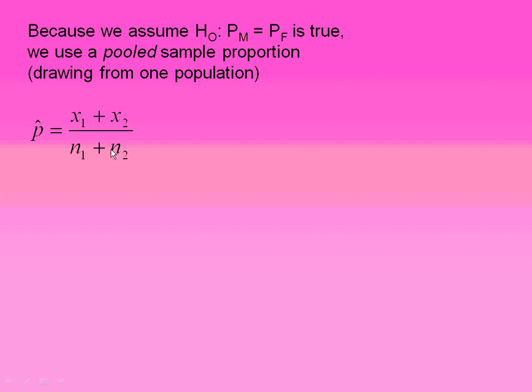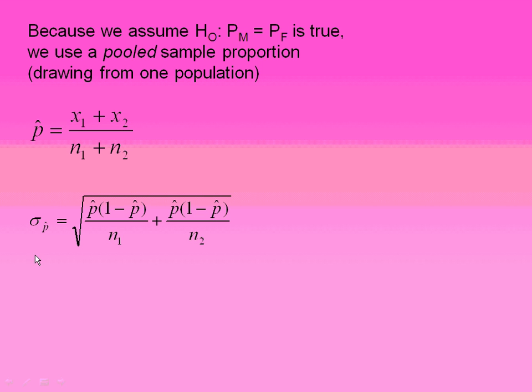So we would have to calculate a pooled p hat, and that's just taking your number of accidents for males plus number of accidents for females, divided by the total sample size added up. We use that pooled sample proportion in our standard deviation.